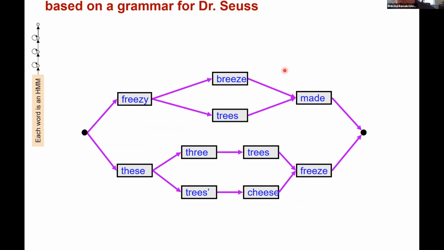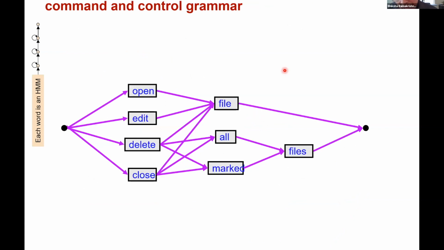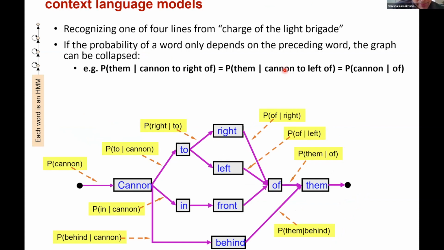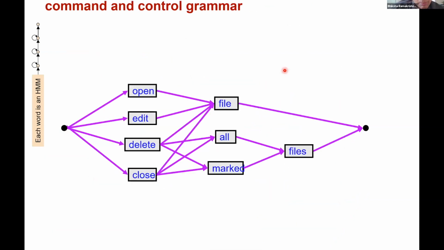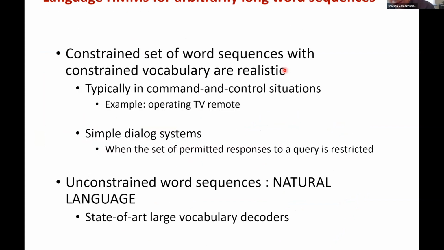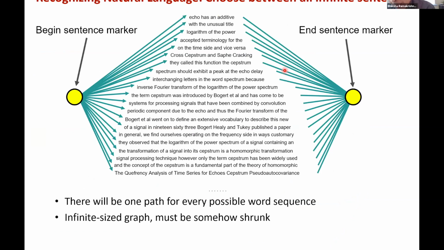What I will do is just convey the idea that, if you look through these figures, you can see what is happening. I can compose graphs for all sorts of things and recognize any sequence of words, correct? And how do I extend that to natural language?